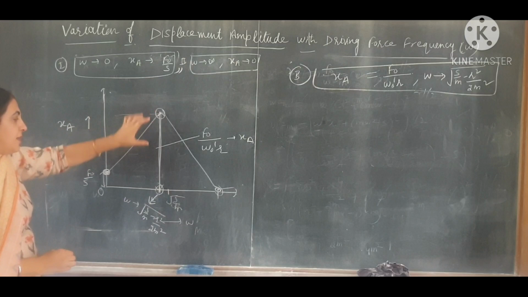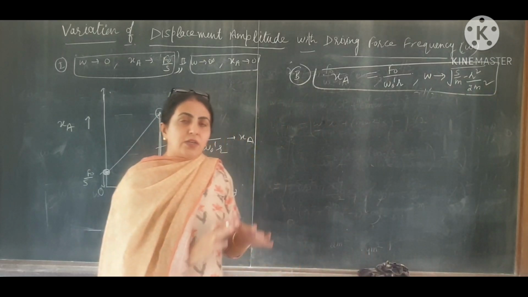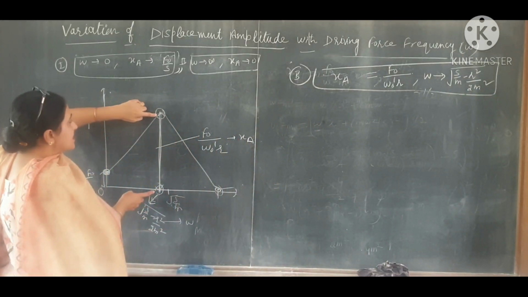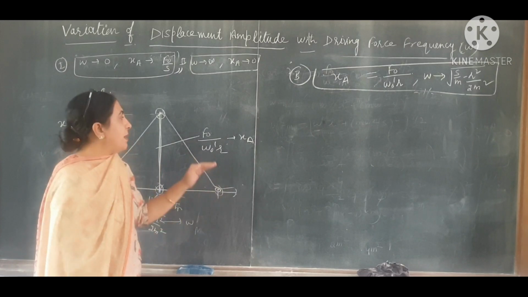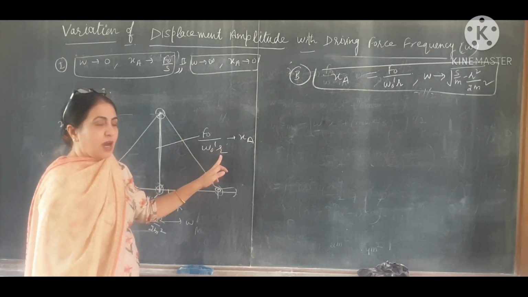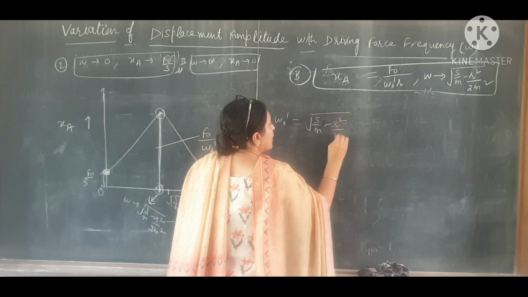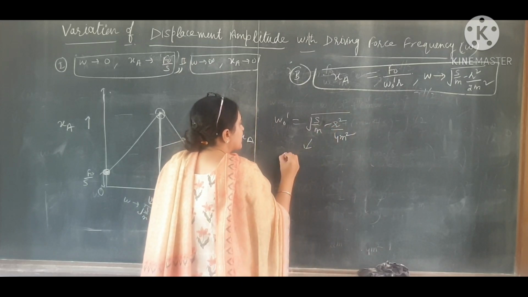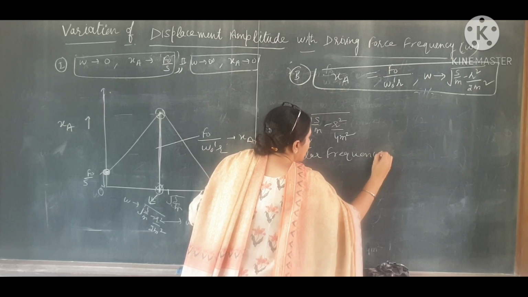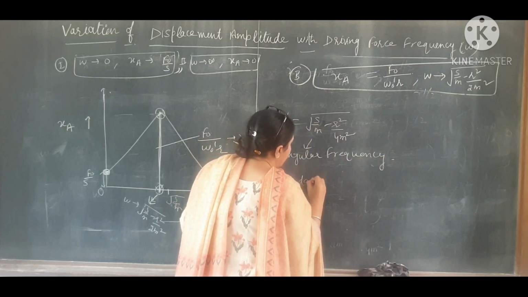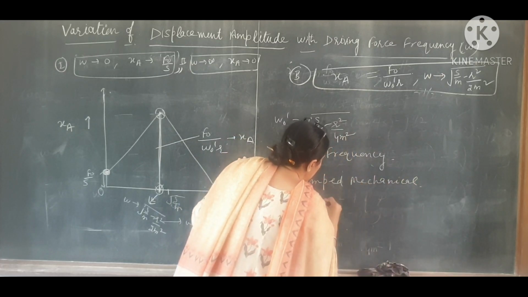So this frequency, under root s over m minus r square over 2m square, is the frequency where the displacement amplitude has its maximum value, and the maximum value of displacement amplitude is f naught over omega naught dash r, where omega naught dash is under root s over m minus r square over 4m square, and it is the angular frequency for a damped mechanical oscillator.